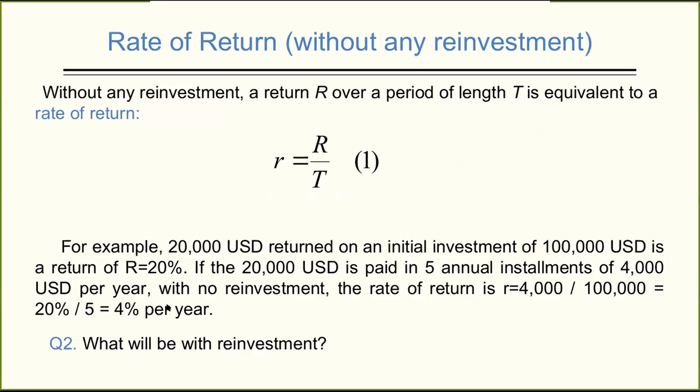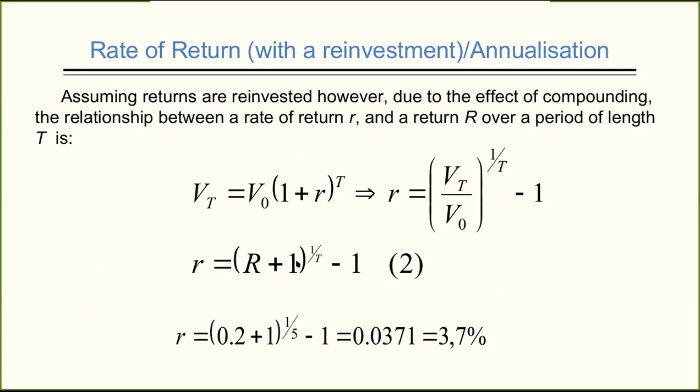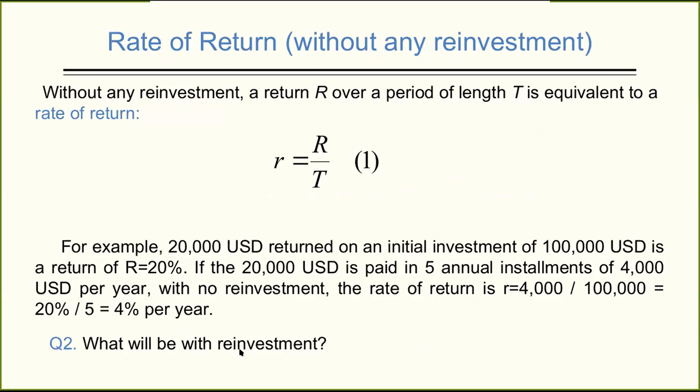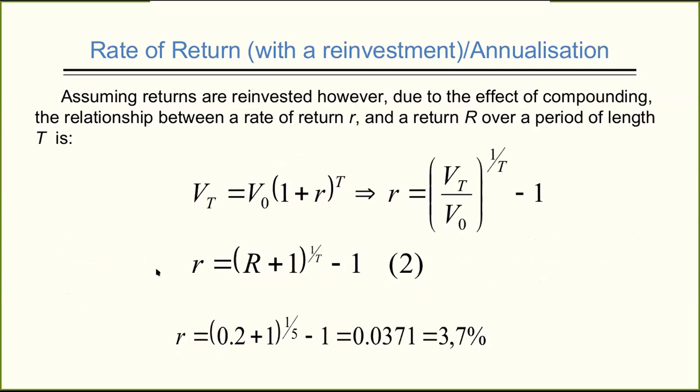We used in this example an approach without any reinvestment. But if we use another approach, it will be 3.7%. 0.02, it's from this R capital, you see. And we have another value of rate of return. So it's important.